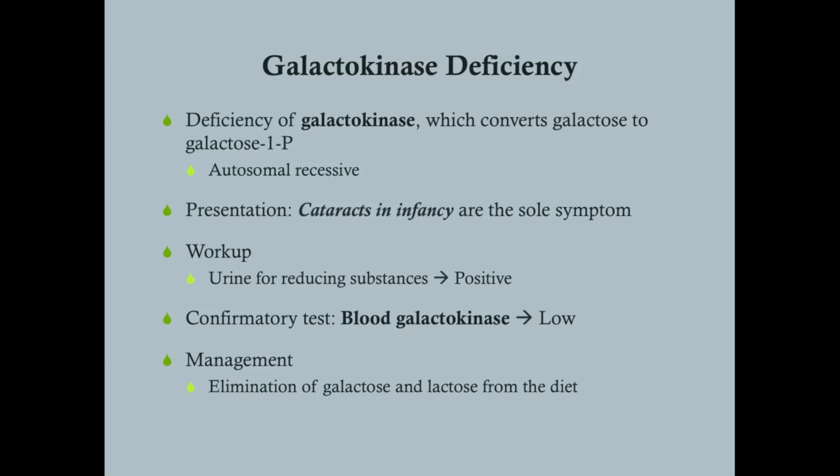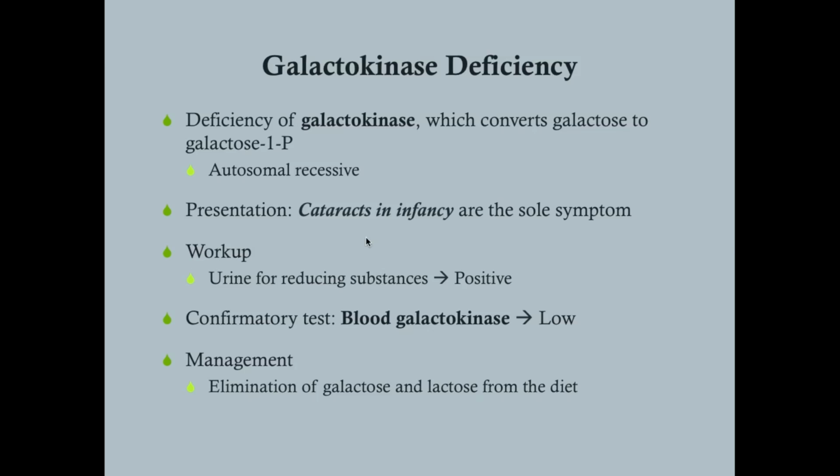That's about 1 in 25,000. But galactokinase deficiency is about 1 in 50,000. There's an increased incidence in Eastern Europeans as well as the Romani population, otherwise known as gypsies. They have a slightly increased incidence as well.